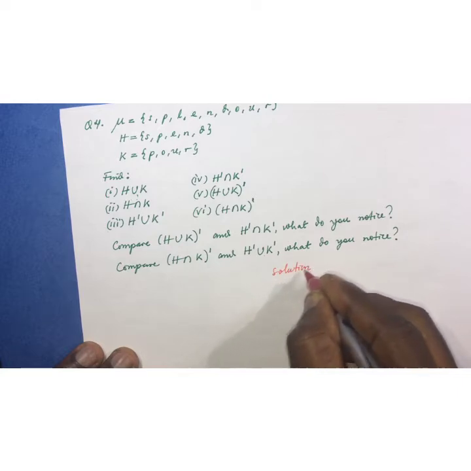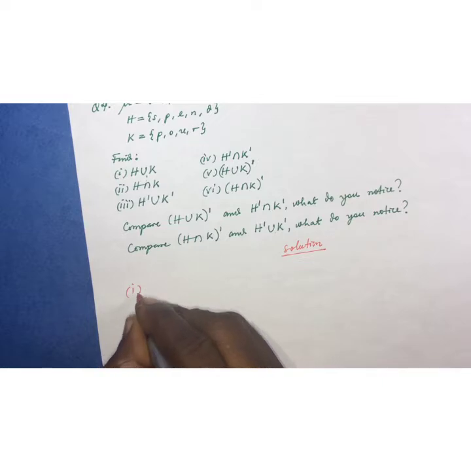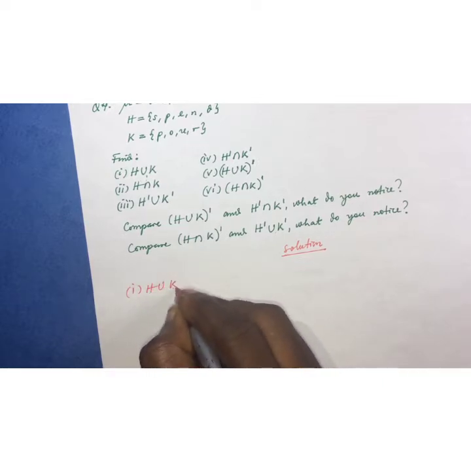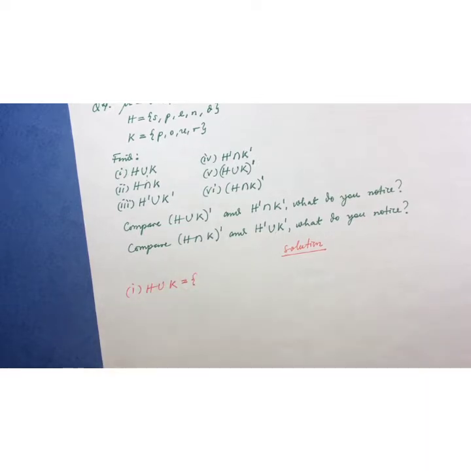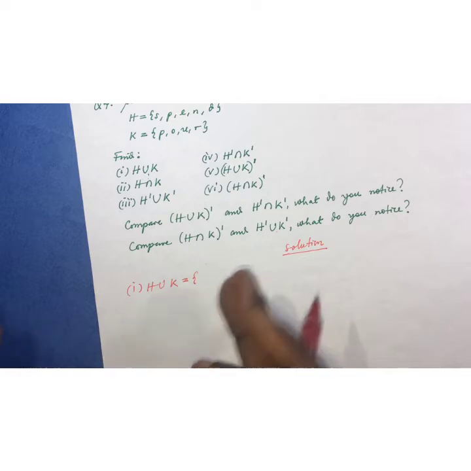Now, as a solution to the problem, let's see. For number 1, H union K will be the set that contains elements you find in H alone, added to elements you find in K alone, added to elements you find common to both of them.